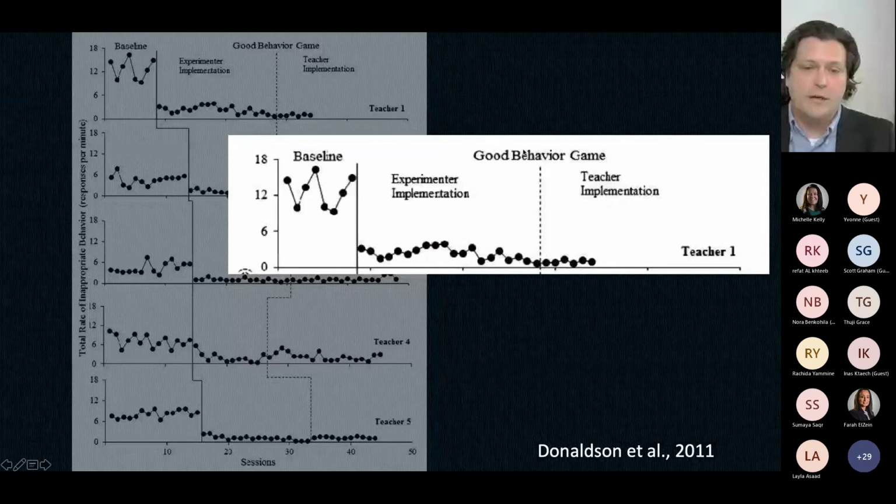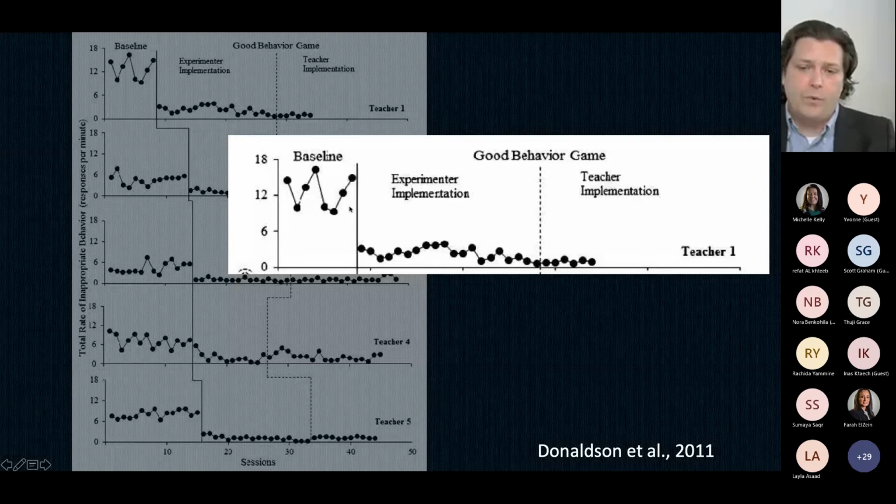The baseline, hopefully you can see my cursor, is when the good behavior game is not in effect. So the teacher is instructed to conduct the class as they normally would. And as you can see, there's a pretty high rate of inappropriate behavior, about 13 times per minute in this classroom, where students are engaging in disruptive behavior.